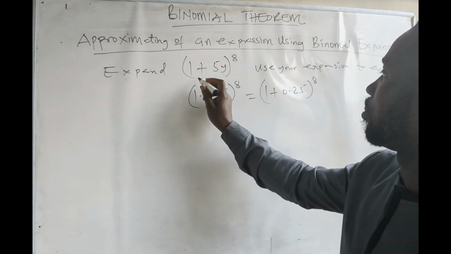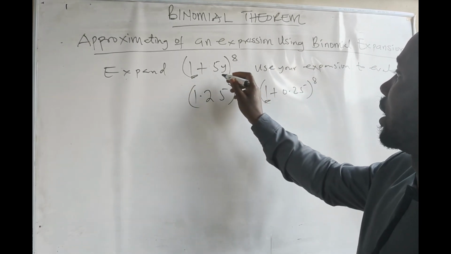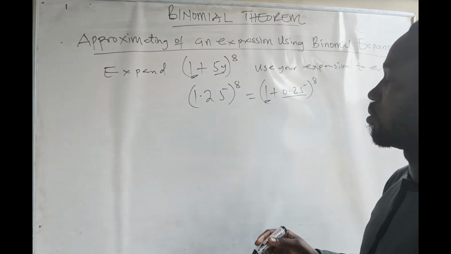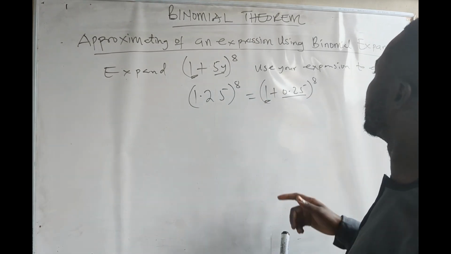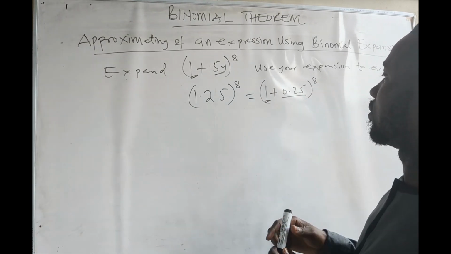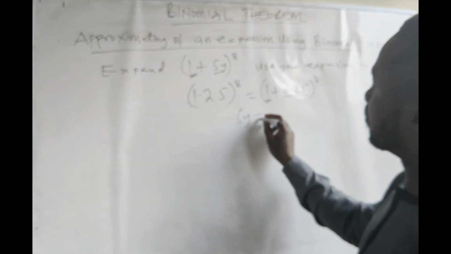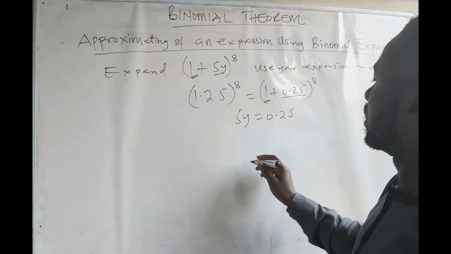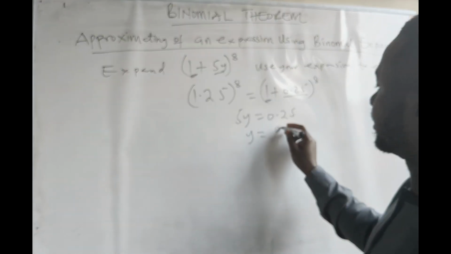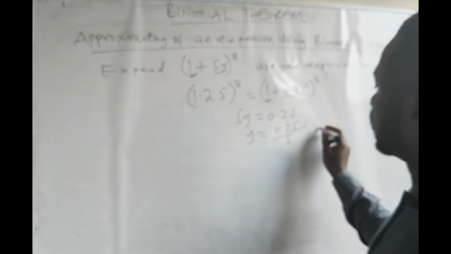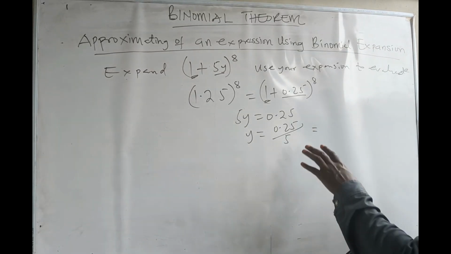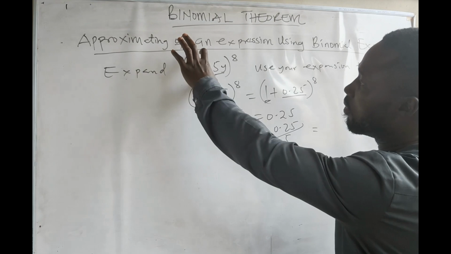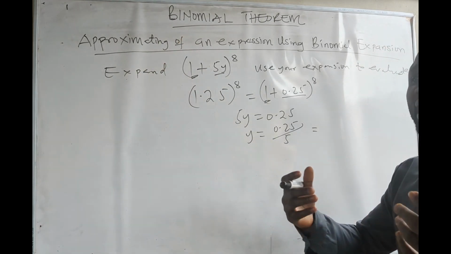When you compare, this is 1, and then the 5y will correspond to 0.25, so I can say the 5y is equal to 0.25. Then you solve for the value of y. After you solve for the value of y, you substitute the y into the already expanded binomial and solve.